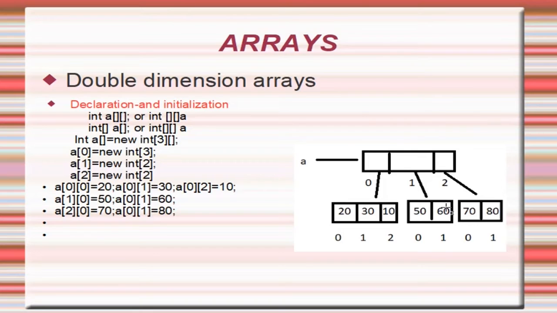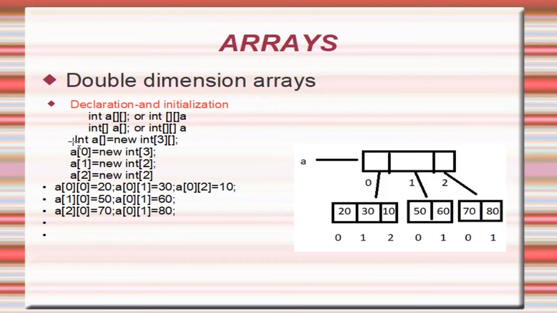Let us see how to initialize and declare all these things. It's the same way we did for a single dimensional array. Here also we can declare like this, or before the variable name we can give the square brackets, and like this we can declare in any number of ways.